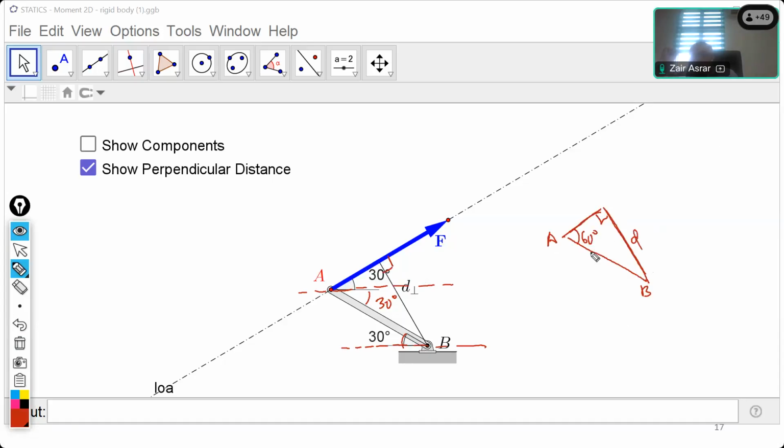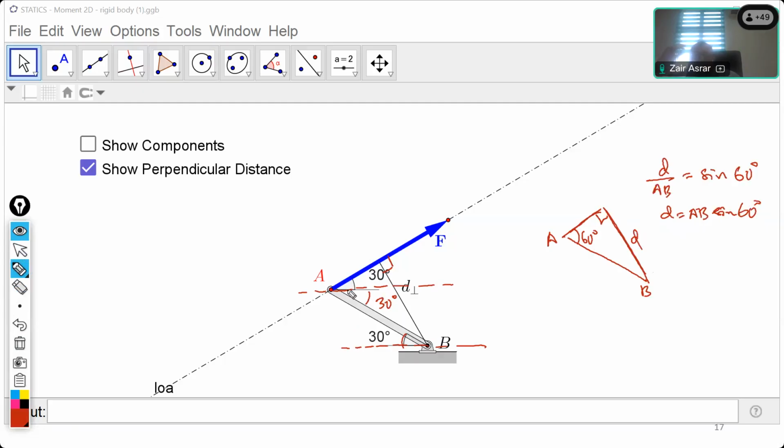From this right angle triangle, D over AB will be equal to sine 60 degrees. So D is equal to AB sine 60 degrees. That is our perpendicular distance D.